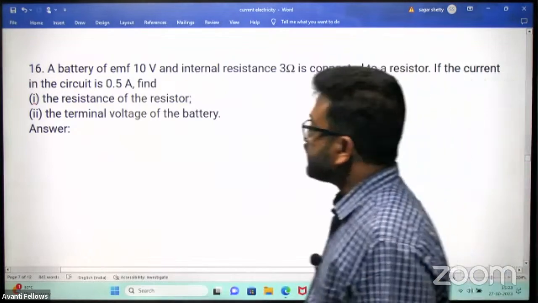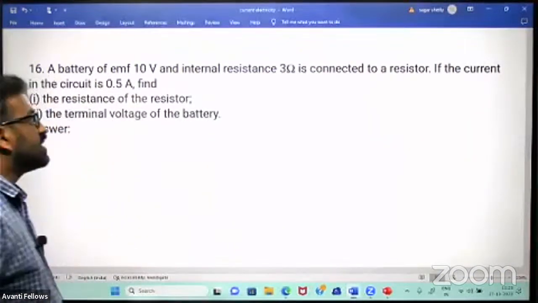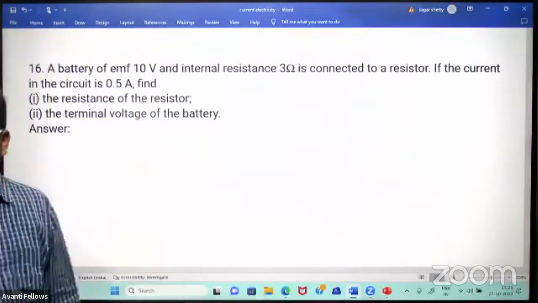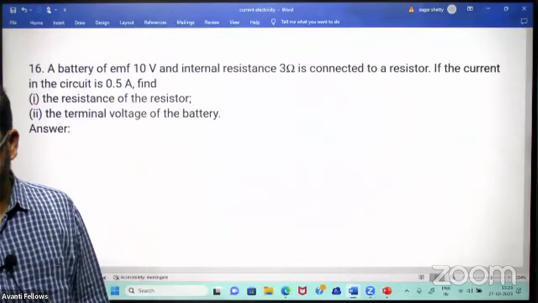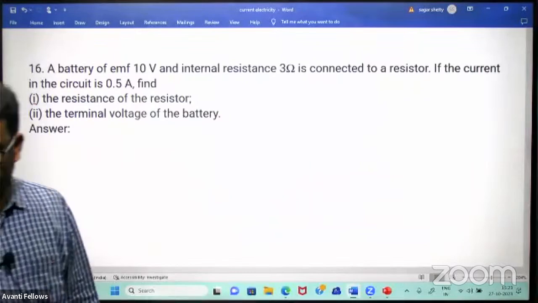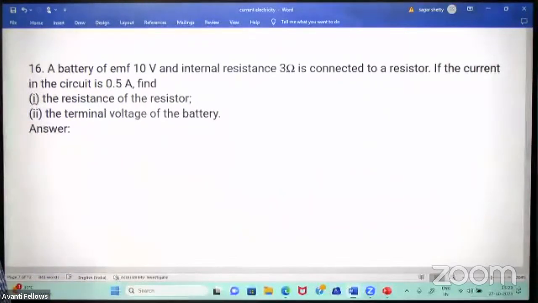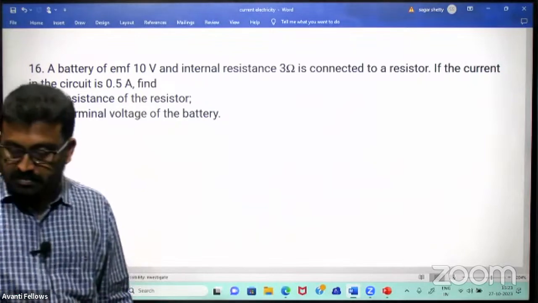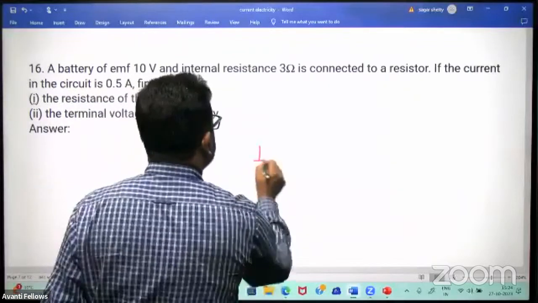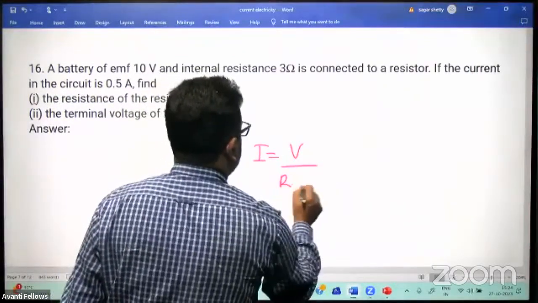Now see this question. A battery of EMF 10 volt and internal resistance 3 ohm is connected to a resistor. If the current in the circuit is 0.5 ampere, find the resistance of the resistor and the terminal voltage of the battery. Try this. First one is the resistance of the resistor. So current I is equal to V by R plus r.